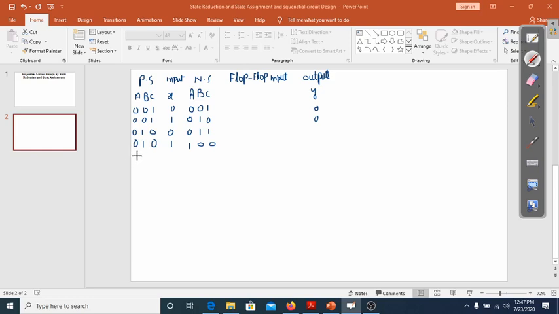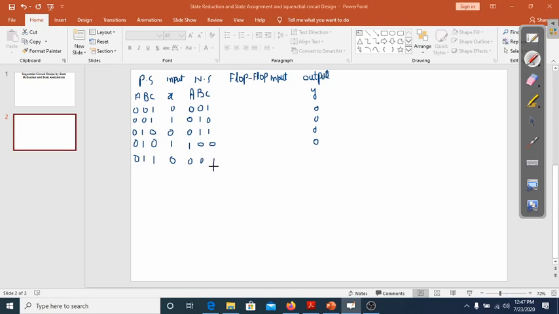The present state is 0 1 1, input is 0. In both cases the output was 0. When the present state is 0 1 1 and the input is 0, the next state is 0 0 1.